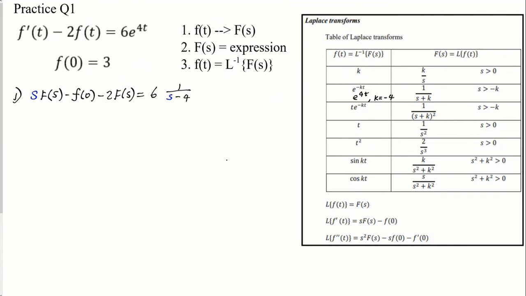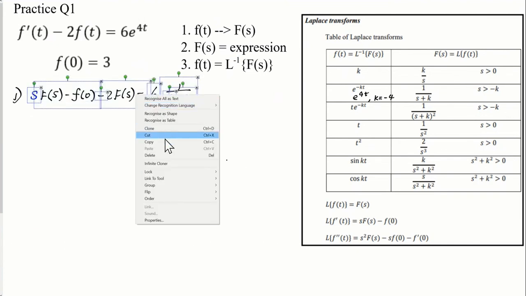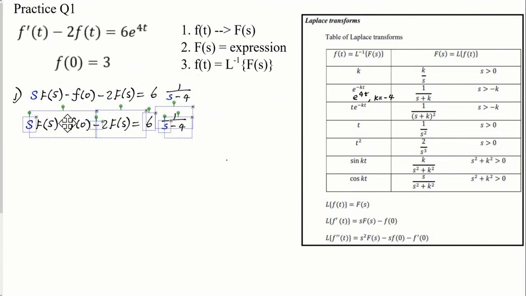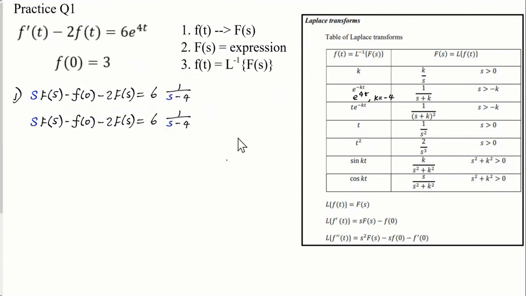I'm just going to copy paste the whole thing, and substituting in the f of 0, which is a number 3, like that. Okay, second step, we're going to obtain the expression for F(s).